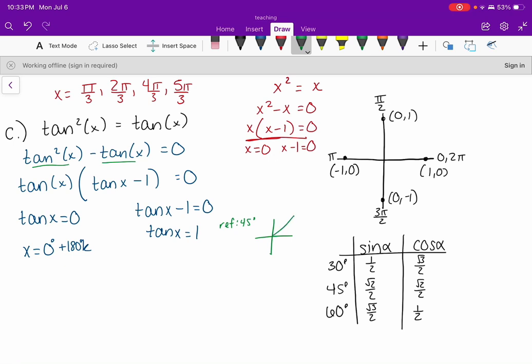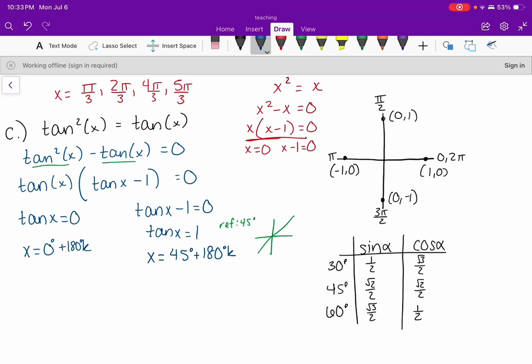Tangent is positive in 1 and 3. So this would be x equals 45 degrees plus 180 degrees k. Remember, for tangent, you don't add 2 pi, you just add pi always. And you don't have to write both answers, you can just write the 1, because if you add 180, you would get the quadrant 3 answer, so you don't have to write them both.